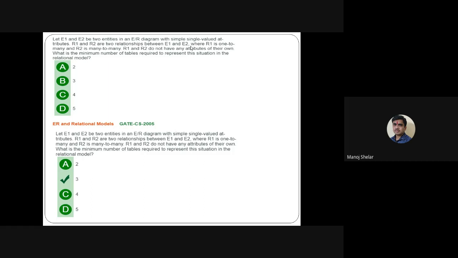What is the minimum number of tables required to represent this situation in the relational model?